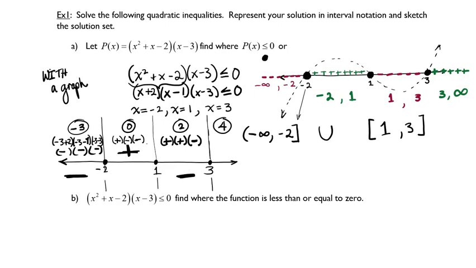If I substitute 4 into my polynomial, 4 plus 2 is positive. 4 minus 1 is positive. And 4 minus 3 is positive. And my overall result will be positive. And the intervals will match.